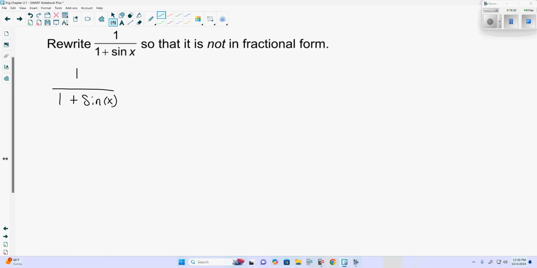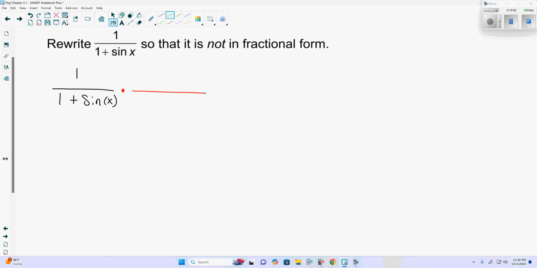Out of all these identities we've had so far, the most helpful have been the Pythagorean: sine squared plus cosine squared equals 1, tangent squared plus 1 equals secant squared, cotangent squared plus 1 equals cosecant squared, yes? So it'd be nice if I could have sine squared, not sine. Well, I'm going to multiply this whole thing by 1.